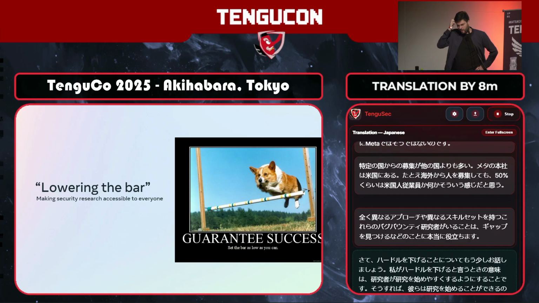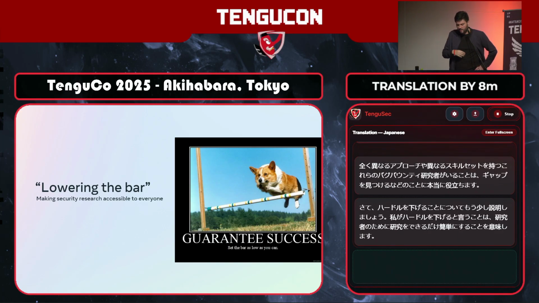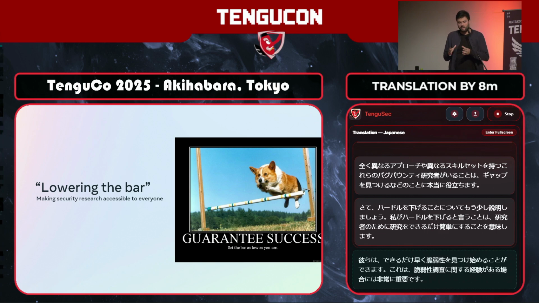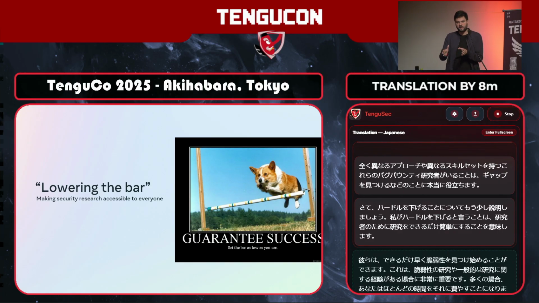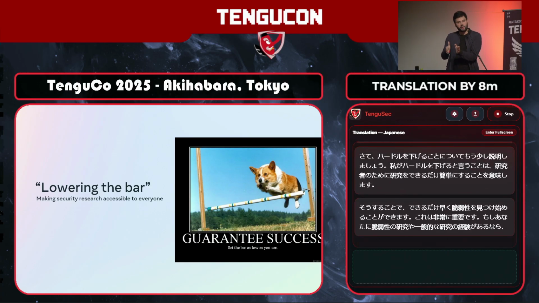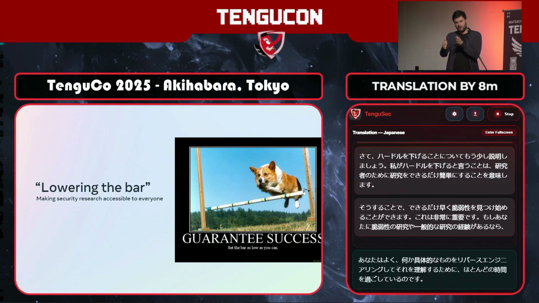This is quite important. If you have some experience in vulnerability research and research in general, you often spend most of your time reverse engineering something specific in order to understand how it works and to be able to start playing around with it.